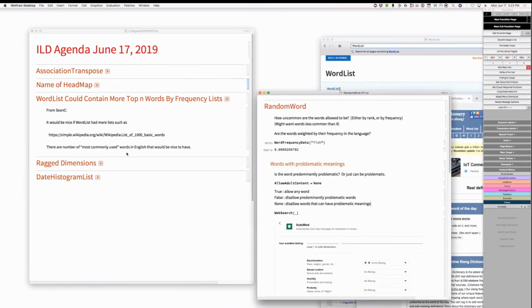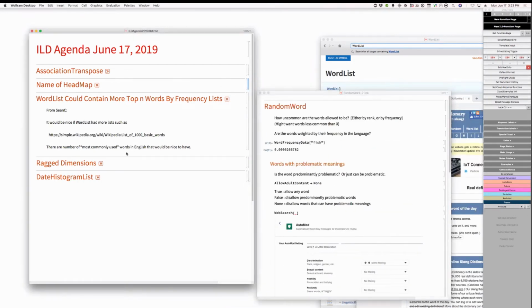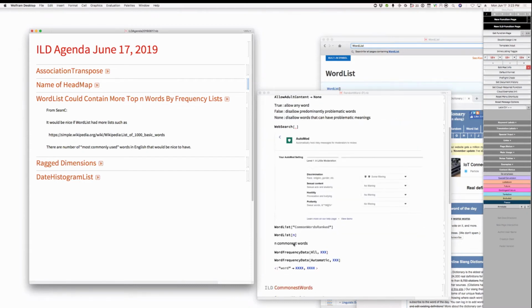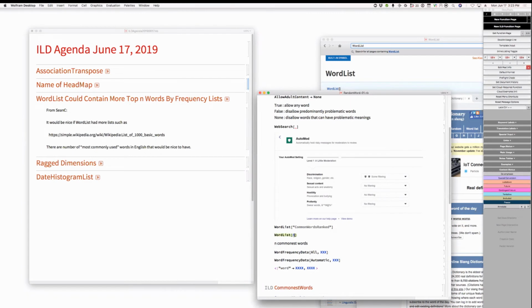Okay. All right. Is there anything else we need to do right now here? I mean, this question about random word, I think we should not go with random word weighted by frequency. Unfortunately, this scheme of the nth most common word doesn't give us that.